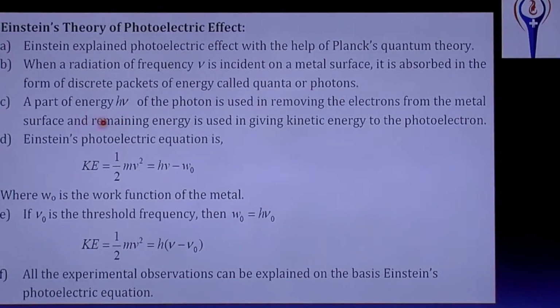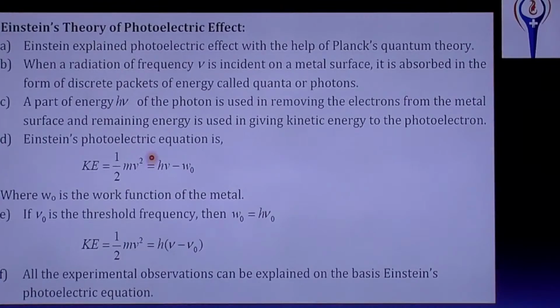A part of the energy h nu of the photon is used in removing the electron from the metal surface, and the remaining energy is used in giving kinetic energy to the photoelectron. Einstein's photoelectric equation is kinetic energy, half m v squared, equals h nu minus W naught.